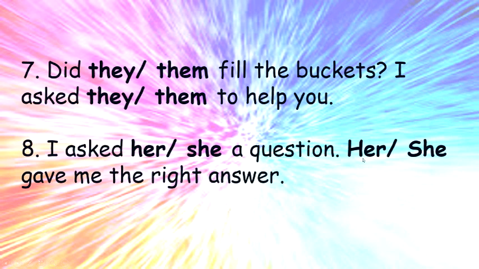Next part is: Her or she gave me the right answer. Now gave is your action verb. So out of the two choices, her or she, you have to pick that third person personal pronoun which should come at subject place because it is the doer of your action gave.